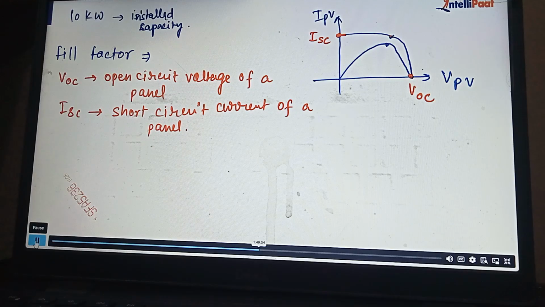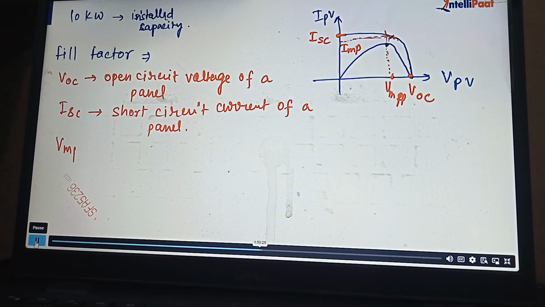If I go to the MPPT, this is the maximum voltage. But as soon as I'm approaching the maximum point, this is the point where we are getting the maximum power. This point is known as VMPP, right? VMPP or VMP simply. And at the same time, the magnitude of current at this point is represented as IMP.